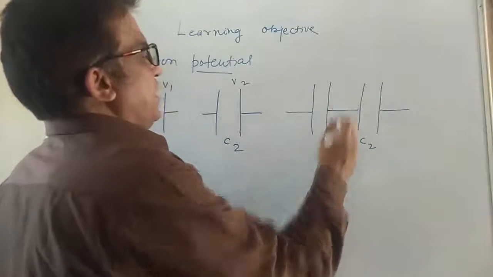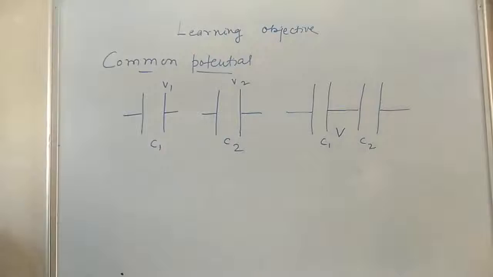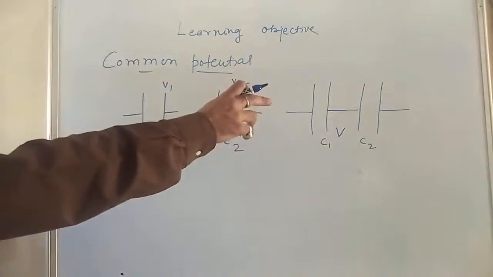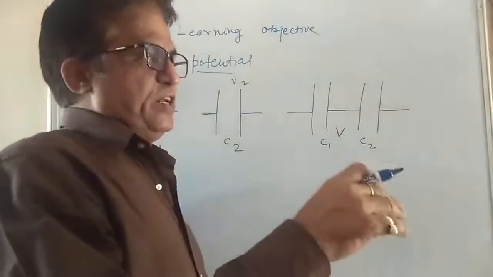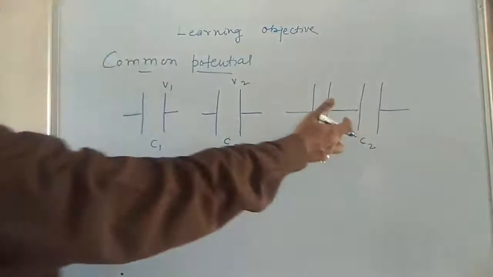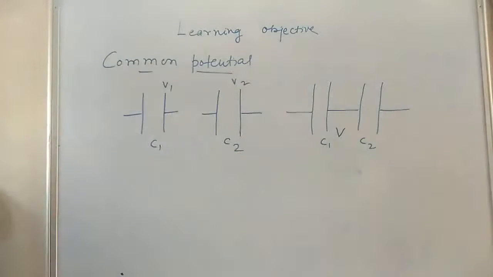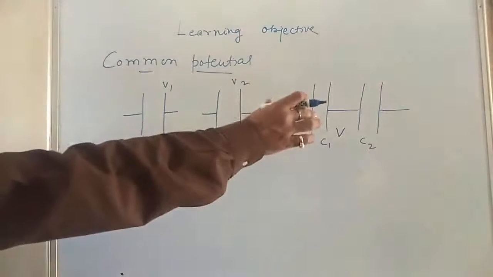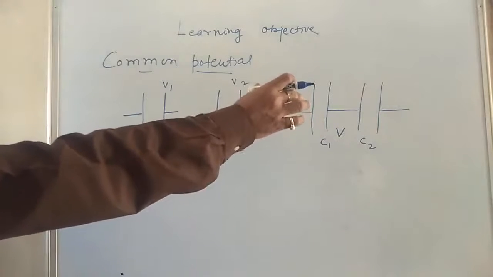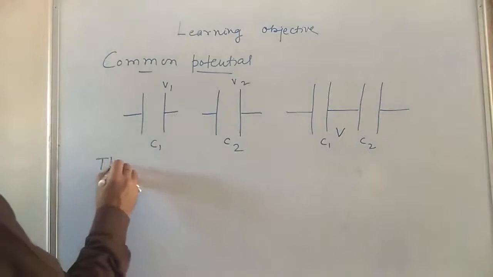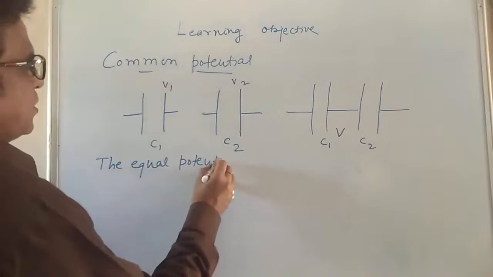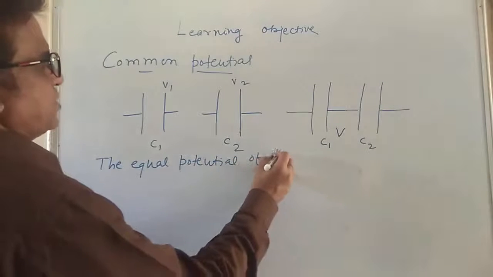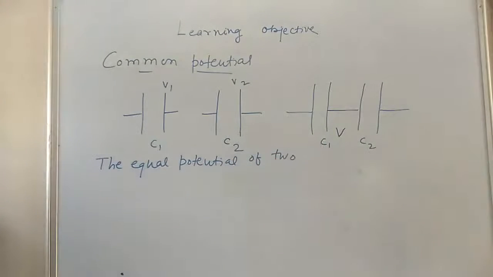Say the potential after connecting is V. This flow continues till their potentials become equal. So the equal potential of the two capacitors is called common potential.